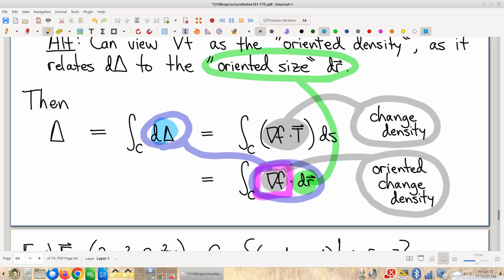Well, then the gradient is the relationship between stuff and oriented size. And so I propose that it's reasonable to call it an oriented density. It's the density in a sense, but with the understanding that you've got to have an oriented size to make sense out of it. It's just a thought. I'm just planting a thought. Again, this will be important.